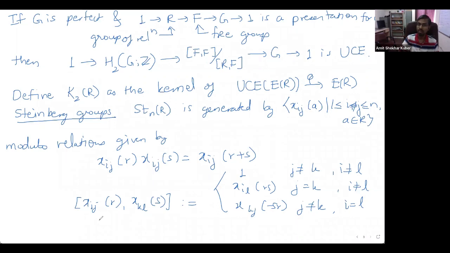Then K2(R) will be the kernel of this map, provided we further define St(R) as the direct limit over n of St(n, R).